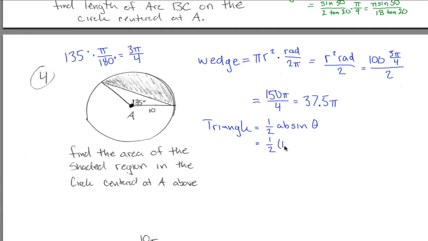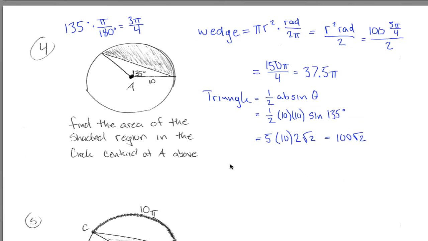So 1/2 times 10 times 10 times the sine of a 135-degree angle. Let's see, sine of 135 is the same as sine of 45, which is root 2 over 2. So this is 5 times 10 times root 2 over 2. In other words, this is 25 root 2.